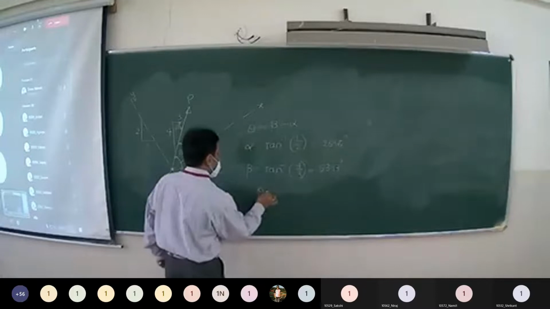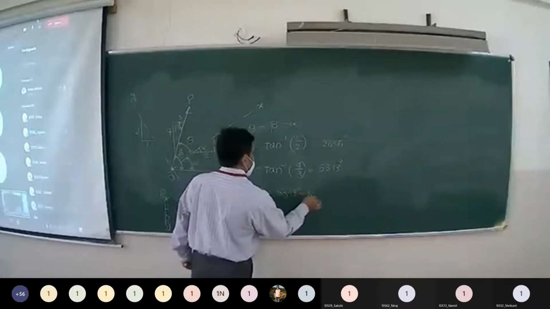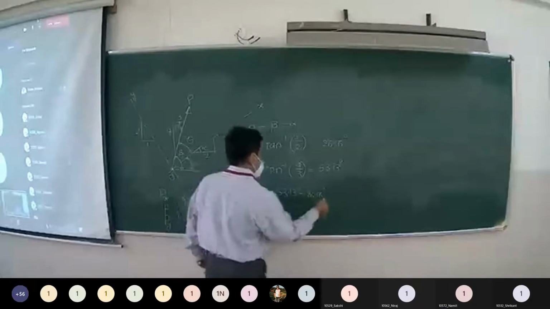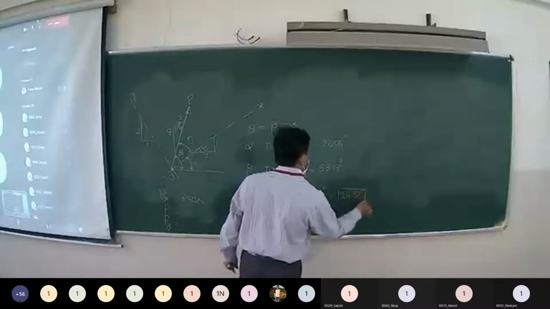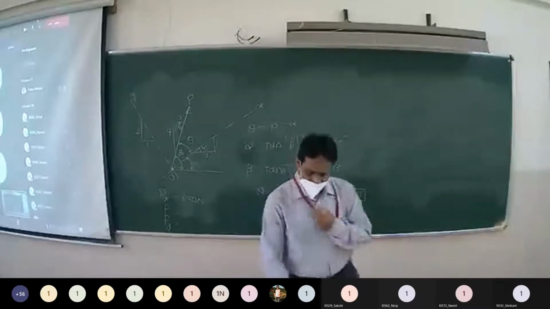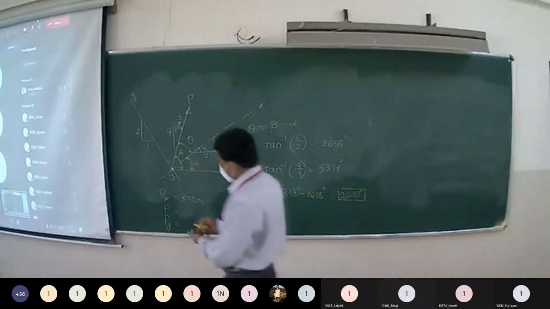Therefore, theta is equal to 53.13 minus 26.56. That is 26.57. So it is the angle made by P with respect to x-axis.